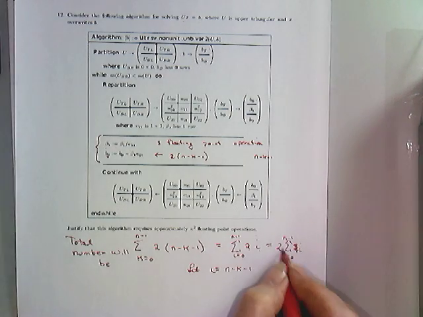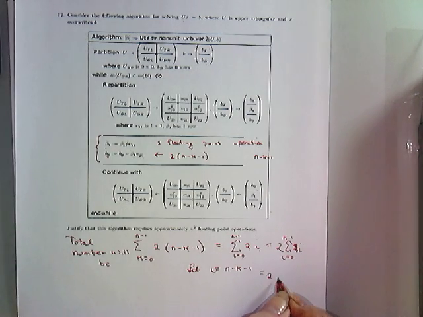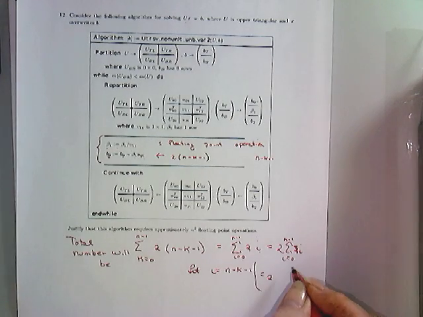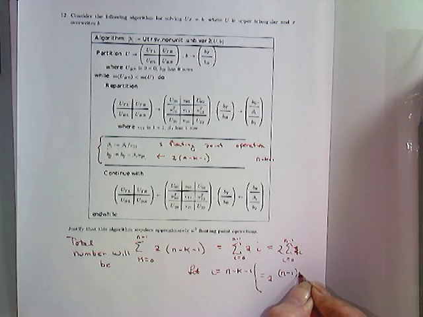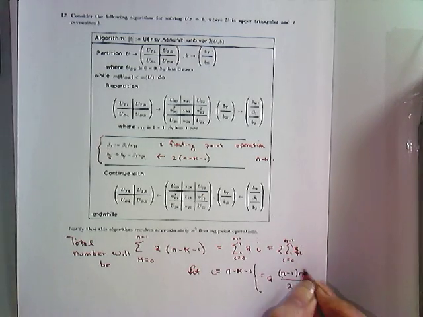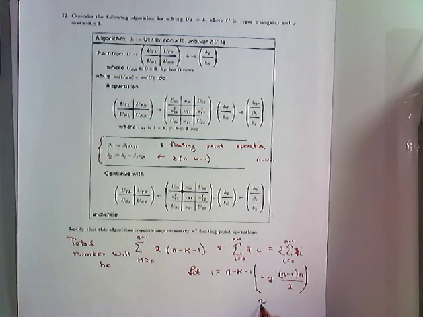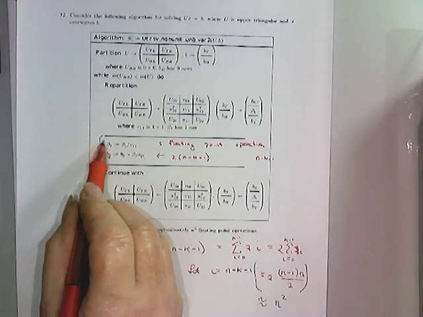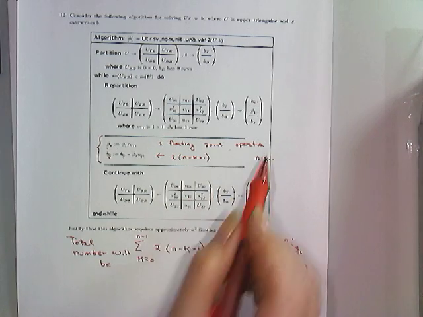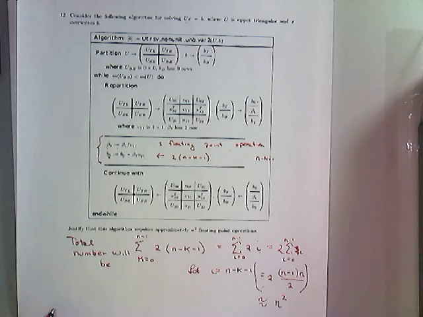So this sum is actually 2 times (n minus 1) times n divided by 2. We ran into this sum several times already, which means it's approximately n squared. And so it's actually n squared minus n, but we're going to have plus n because of these floating point operations. So it's pretty close to n squared floating point operations.